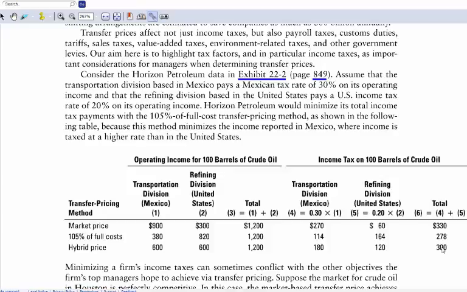Therefore, which one of these three would we want to do if we were Horizon Petroleum's corporate management in our taxation and accounting office?